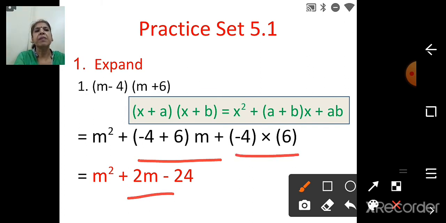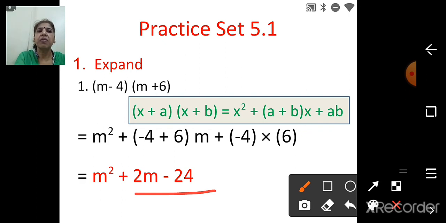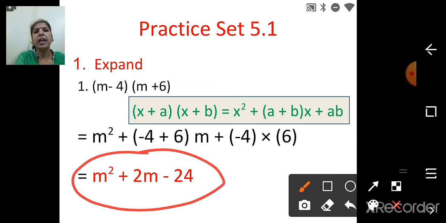Now multiply negative 4 with 6. You know 4 sixes are 24 and it is negative, so minus 24. Our answer is m square plus 2m minus 24, right?